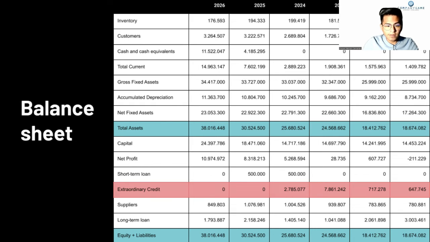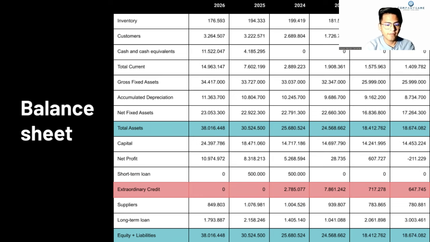Therefore, all costs and expenses in the company were restructured to optimize and to stop spending money as it did not have liquidity. For 2026, the company already has 11,522,047 million of liquidity to be able to open another factory without the need to generate extraordinary credit.